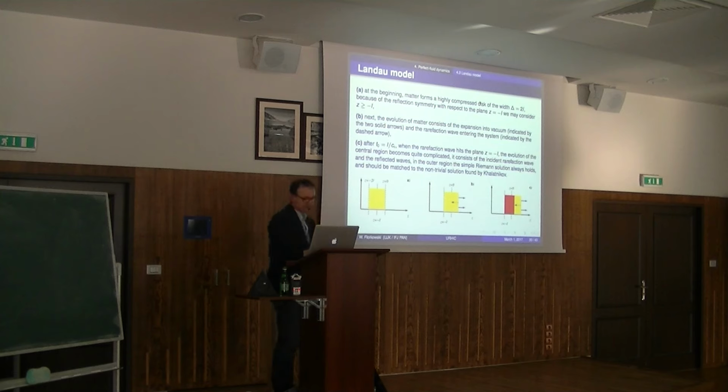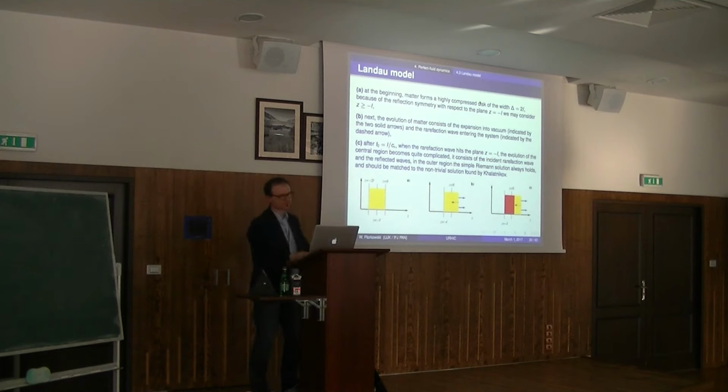Then a rarefaction wave enters this system. Here I use the original notation from Landau, so the center of the system corresponds to the z coordinate equal to minus L, some contracted distance or size of the nuclei.